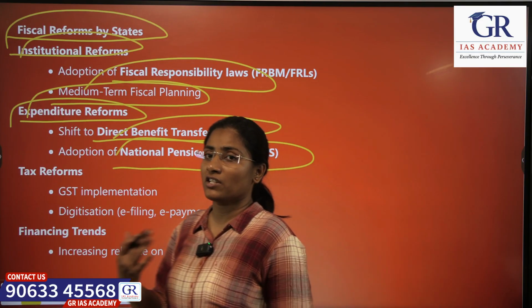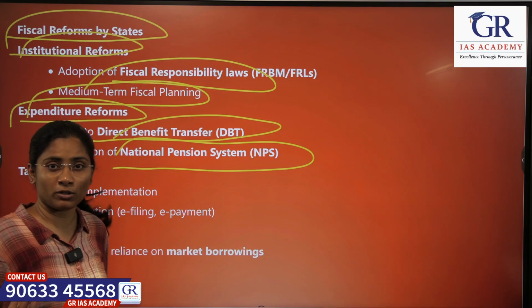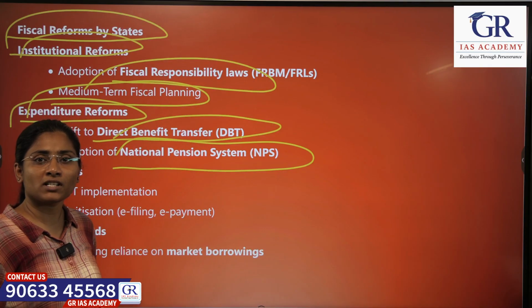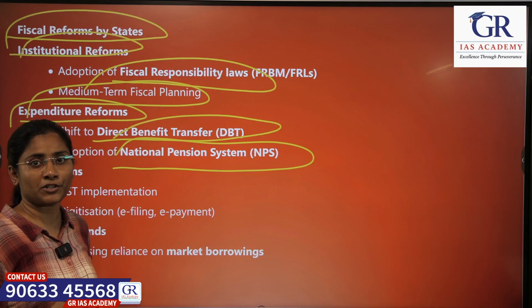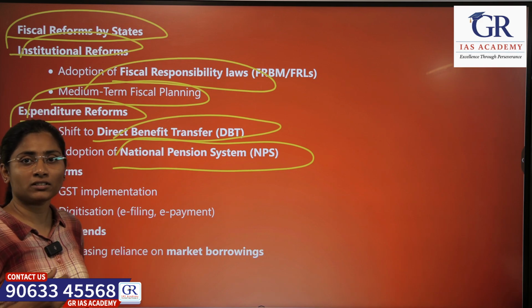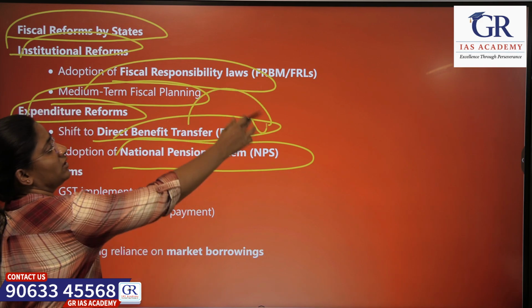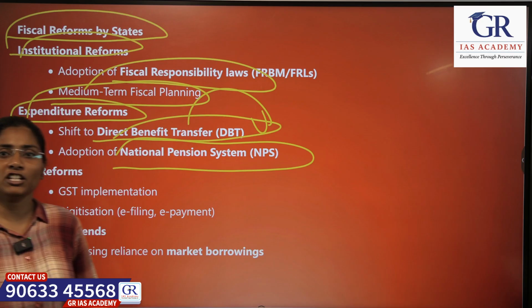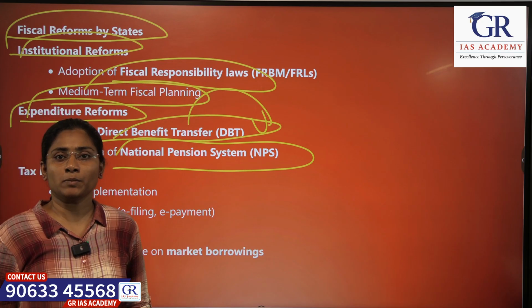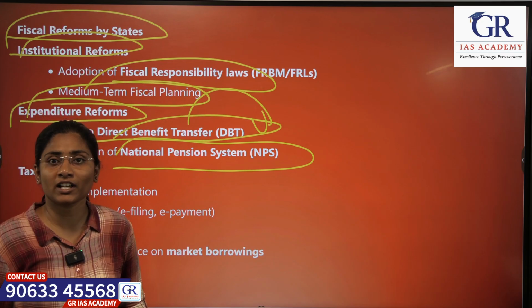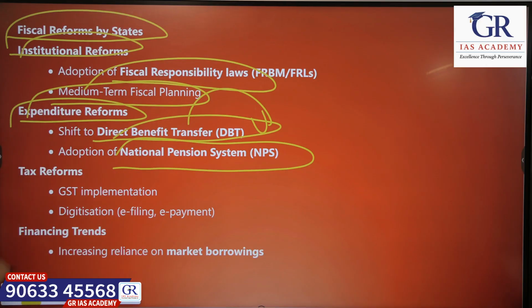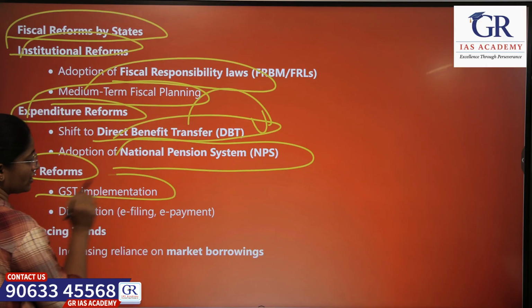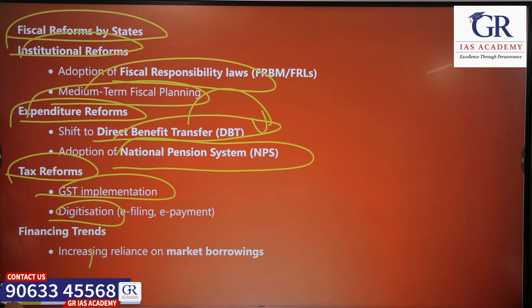When you move to digital instead of paperwork, there will be transparency and less corruption. When you are crediting money directly to the account of the individual, there will be more transparency and less chance for corruption as well. In case of taxes, GST implementation and digitization. So these will be the reforms required in the tax sector.